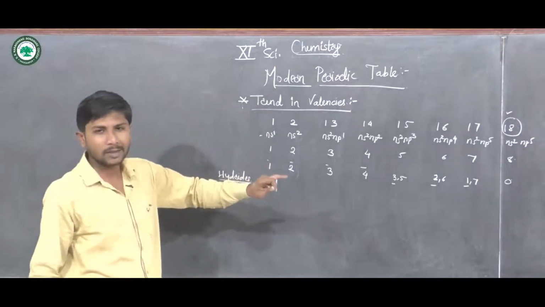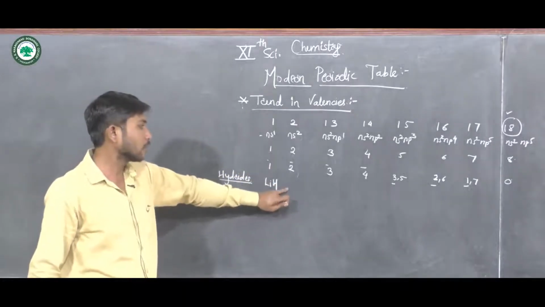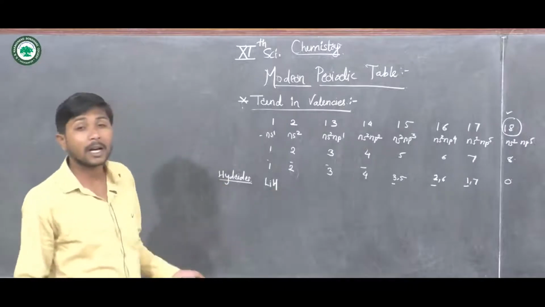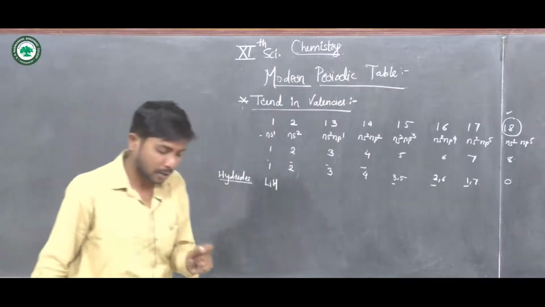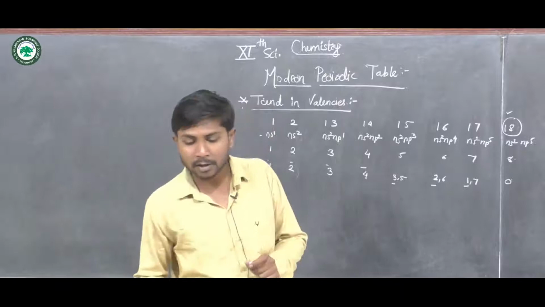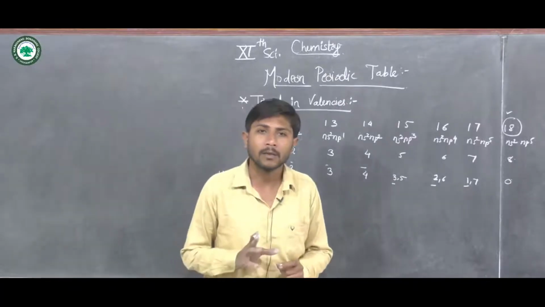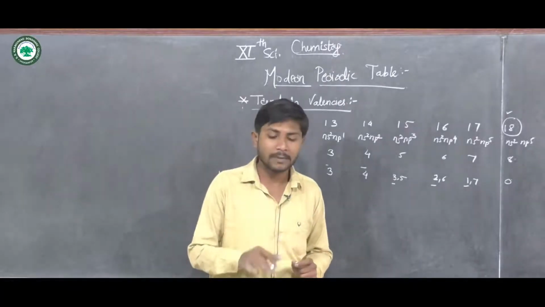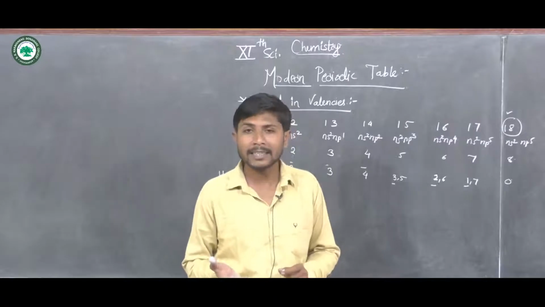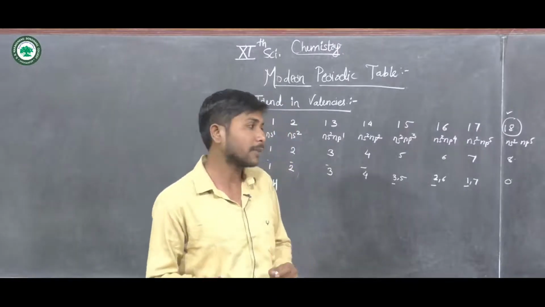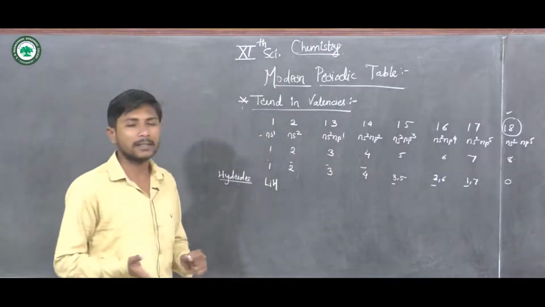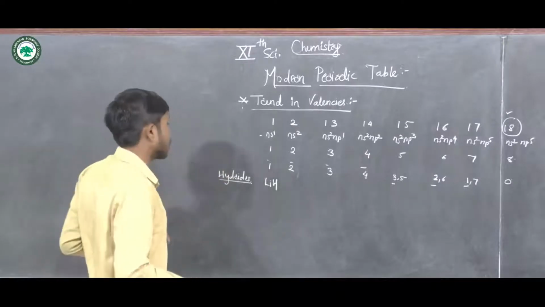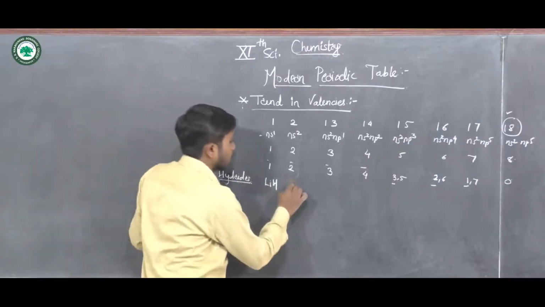Lithium shows the valency of 1 and its valency is fulfilled by the hydrogen forming the hydride. As we have discussed, hydrogen shows variable valency, meaning what? Sometimes by donating the electron it acts like a proton, while sometimes it accepts the electron as a hydride, and that's why lithium hydride.